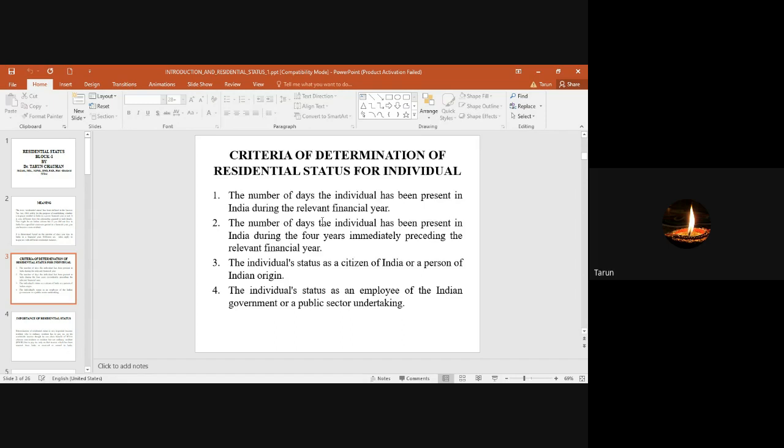The fourth point is the individual's status as an employee of the Indian government or a public sector undertaking.